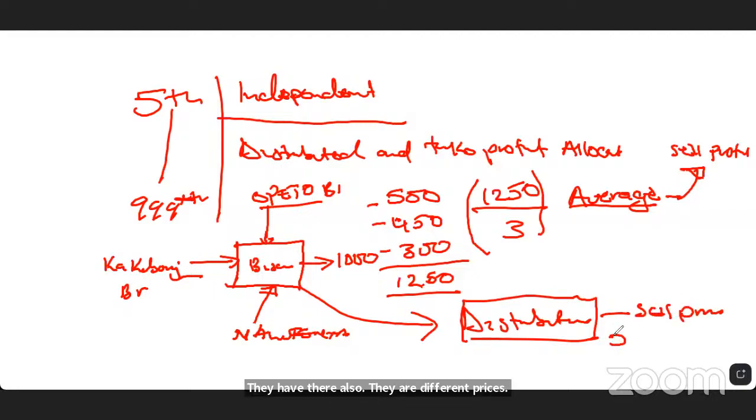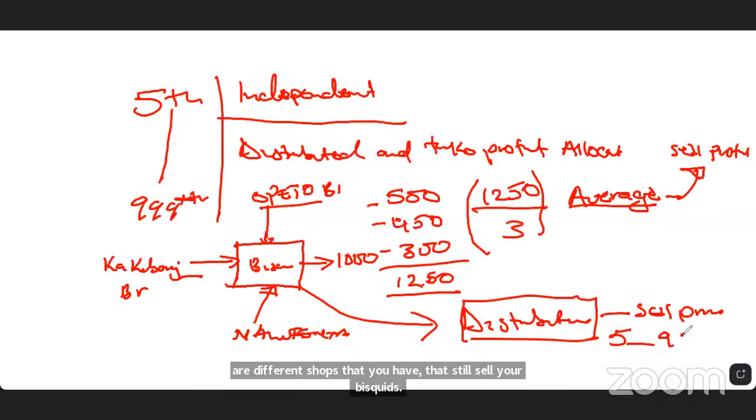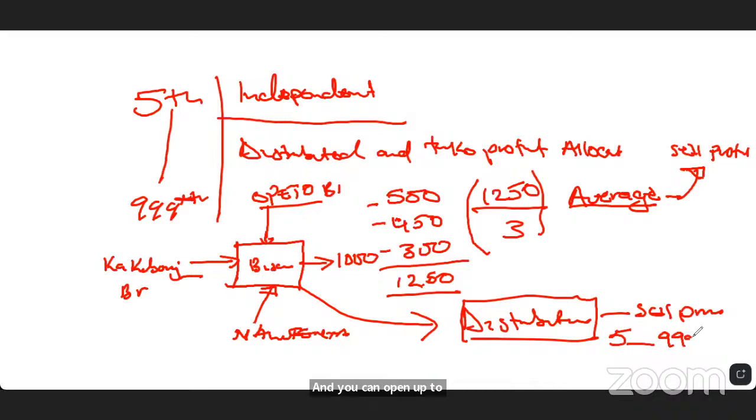So from the 5th call, these are different shops that you have that still sell your biscuits. And you can open up to 9,999 shops that are picking biscuits from your shop, buying them also, but selling at different prices.